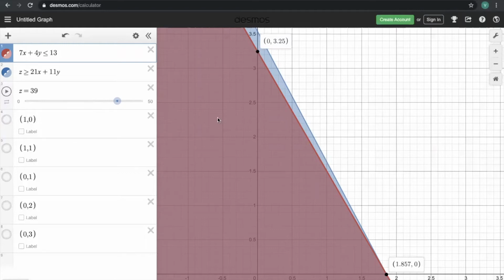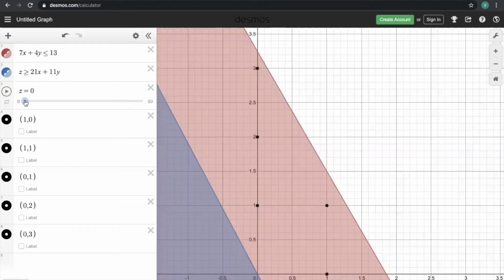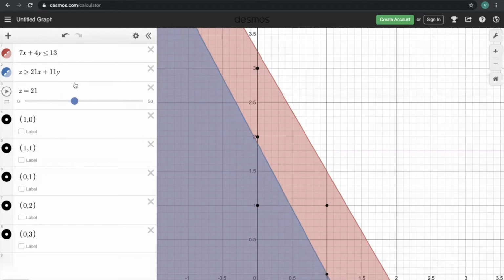However, both of those numbers are not integers, so I put all of the integers that are in the feasible region, and I'm gonna check which one of them would give us our maximum value. So let's start the slider again, and I'll stop at each value. So right here we have 11, and as we keep sliding up, we see that the z value is getting bigger and bigger.